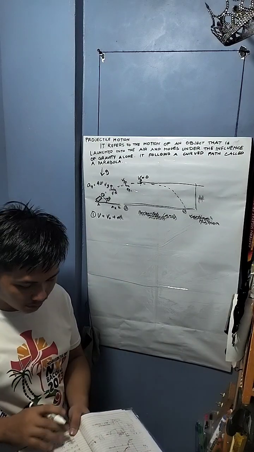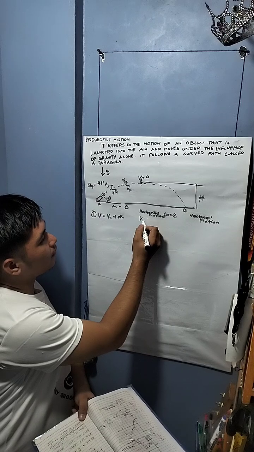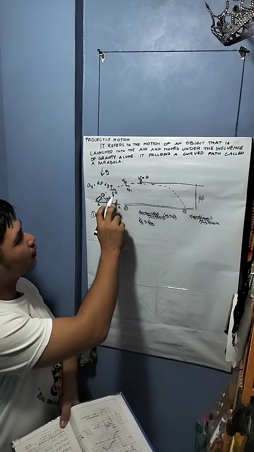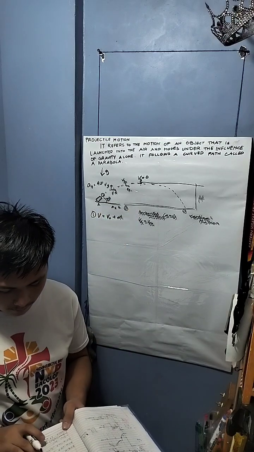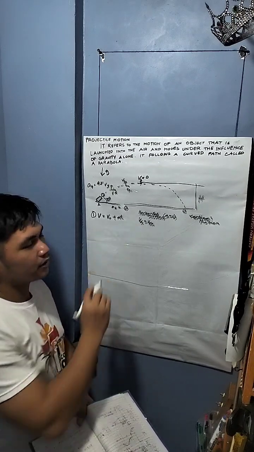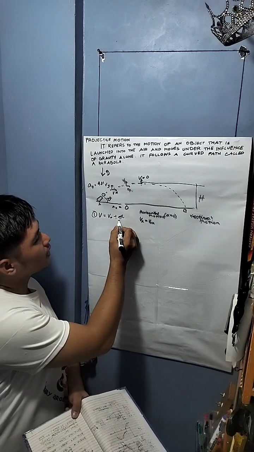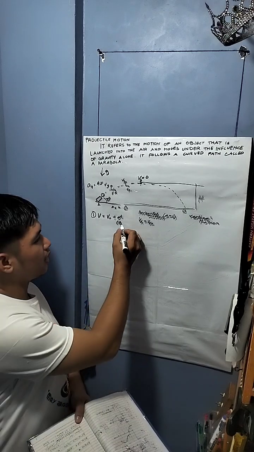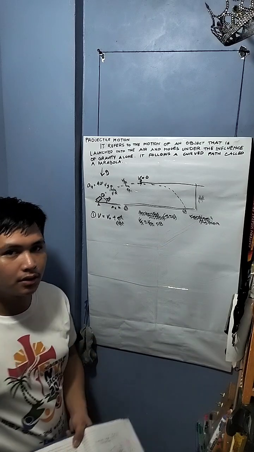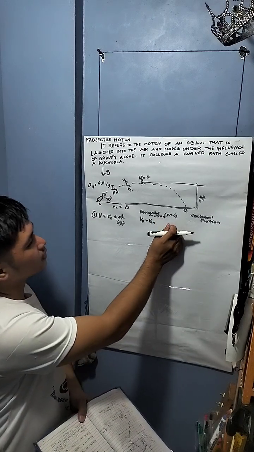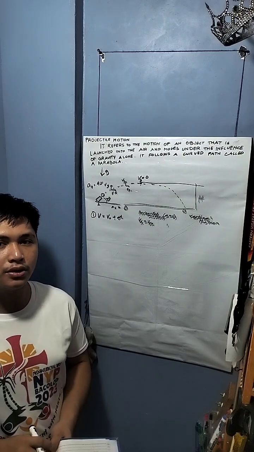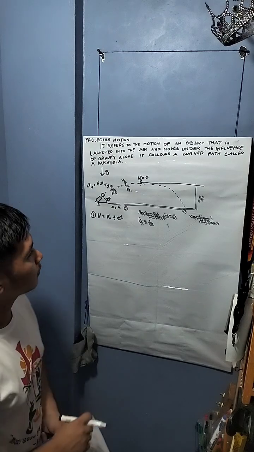So here we put the initial velocity at the x component, added to the acceleration, which is equal to 0, times time. Means this will be added by 0. So the horizontal motion will just be Vx equals V initial at the x component.